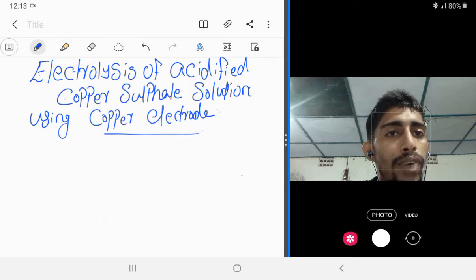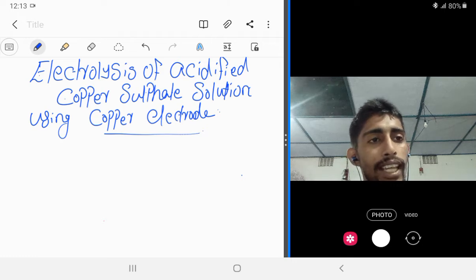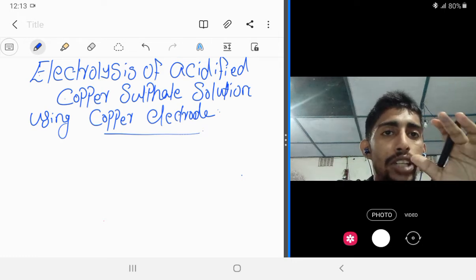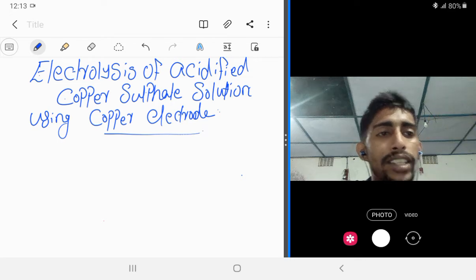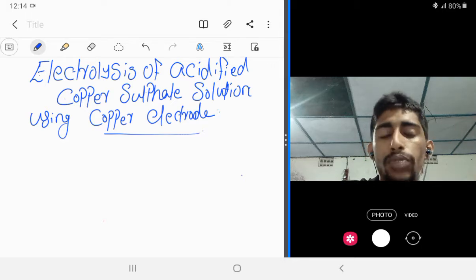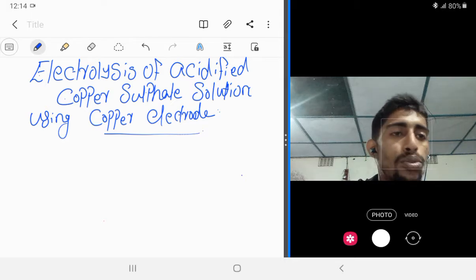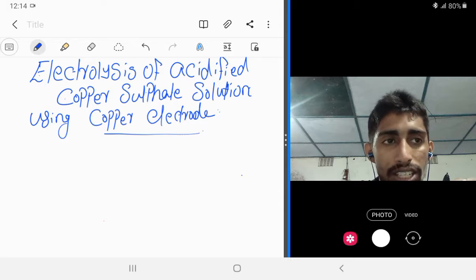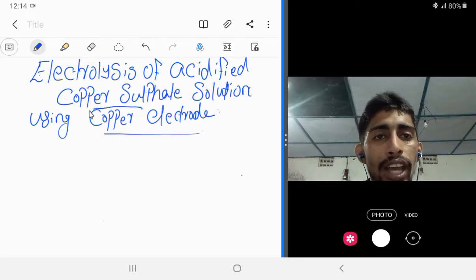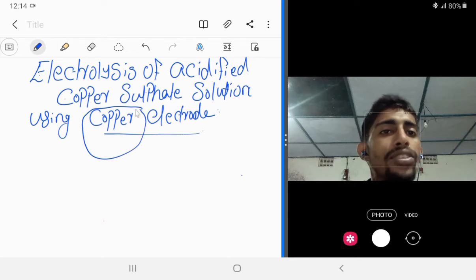Electrolysis of acidified copper sulfate solution using copper electrodes. Before, I already told you to study active electrodes and inactive electrodes. With inactive electrodes, we don't need to worry, as usual we will be able to write. But here you can see that we are using copper as the electrode.